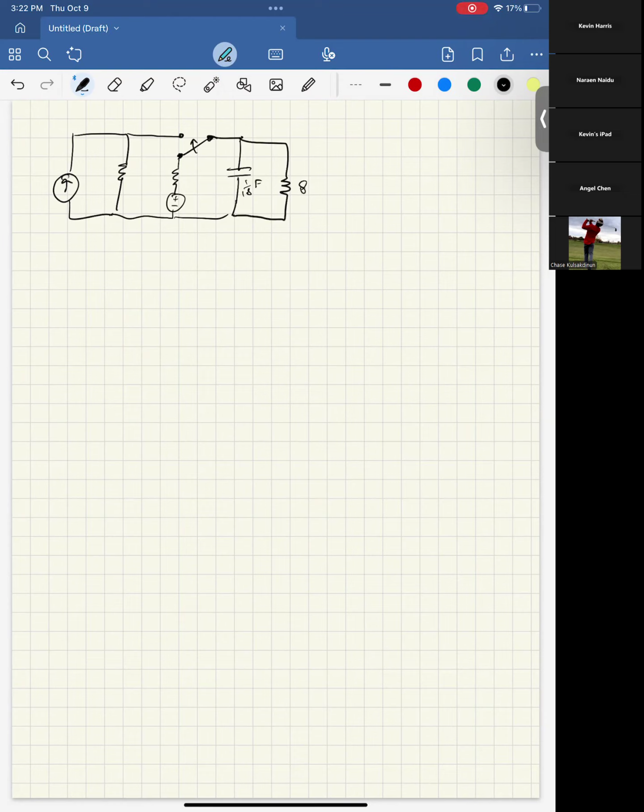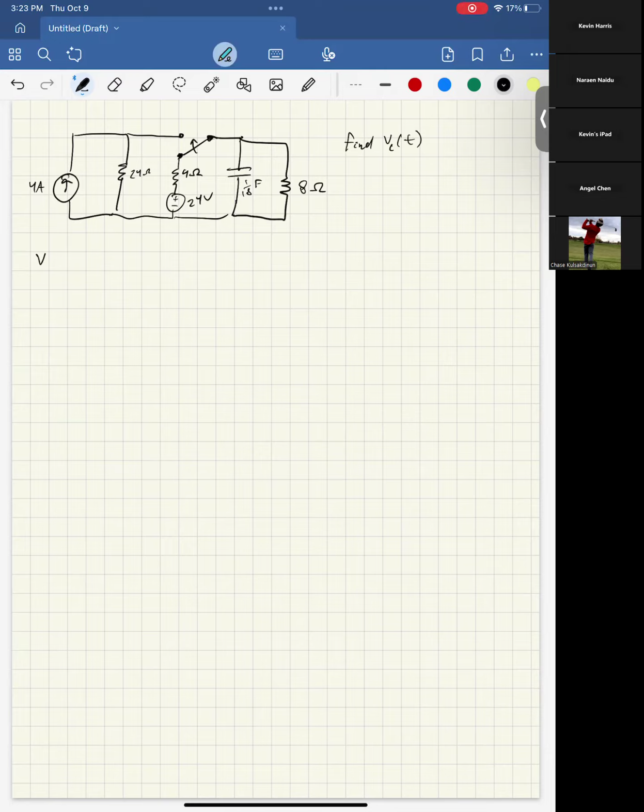And the unit for capacitance is farads, which is probably some guy's name, probably the guy who first characterized capacitors. Anyway, this is saying find VC of t.